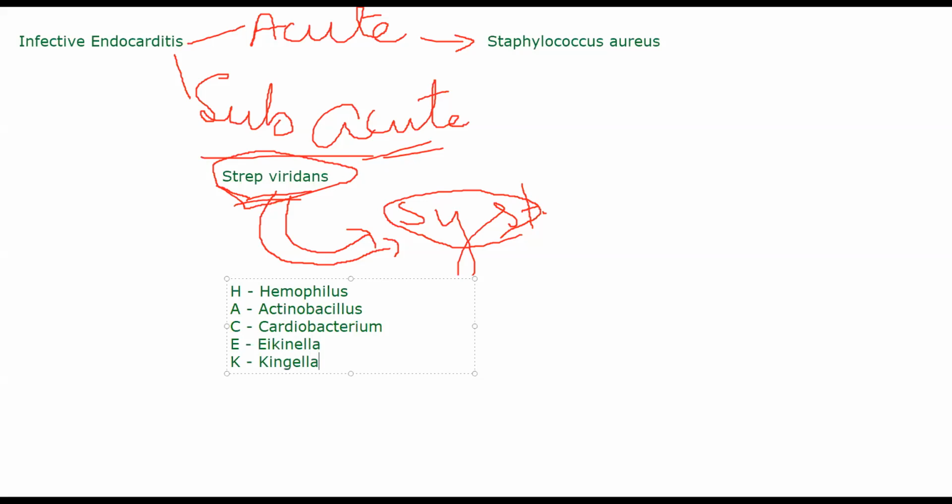All of these are gram-negative bacteria. These are oral commensals, meaning they will normally be present in your oral cavity, just like strep.